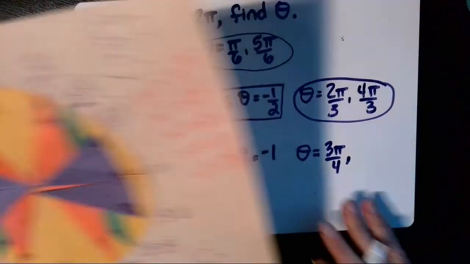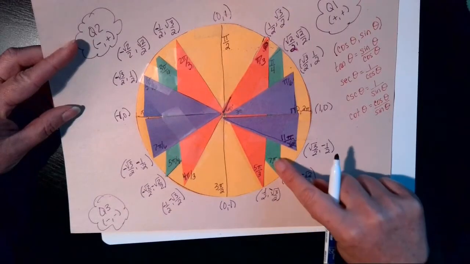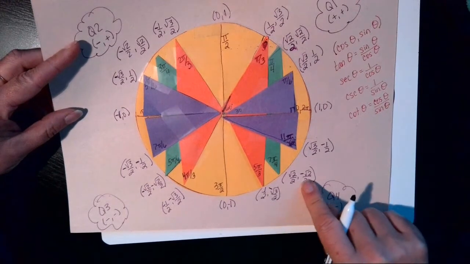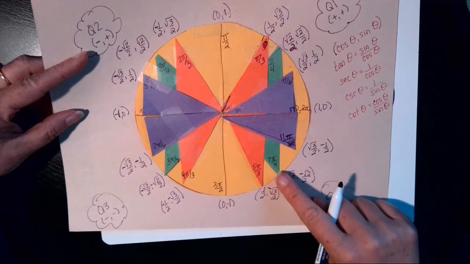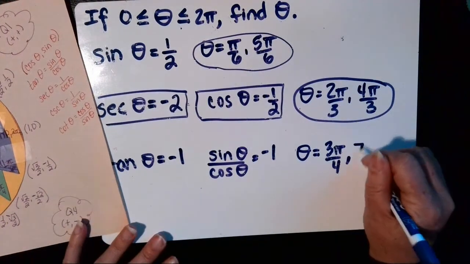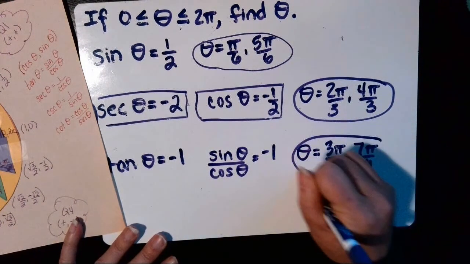And that was from quadrant 2. In quadrant 4, right, I've got positives, negatives as well. And at 7 pi over 4, I would be taking negative root 2 over 2 divided by positive root 2 over 2. That's -1. So the tangent of 7 pi over 4 is -1. And that's my second answer, 7 pi over 4.